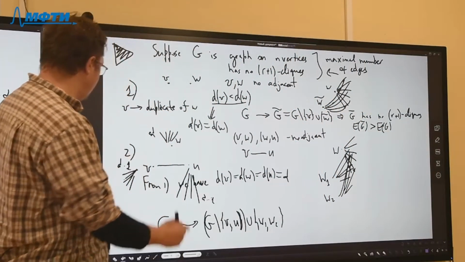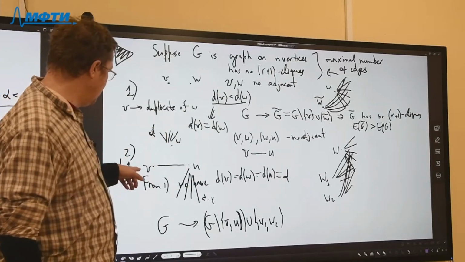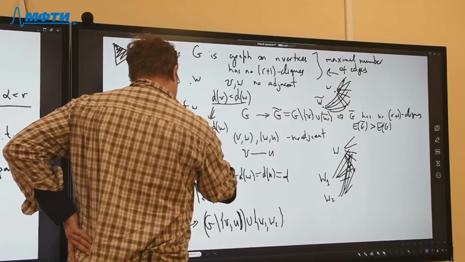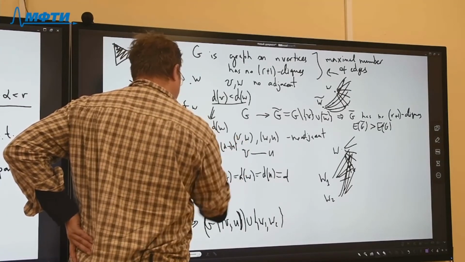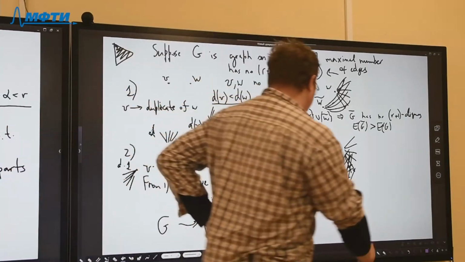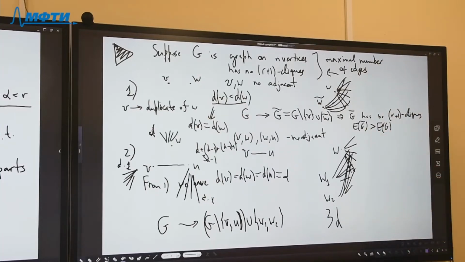So in this picture we had d plus d minus 1 plus d minus 1 plus 1 edges, which is 3d minus 1, and now we have 3d edges. So we again increase the number of edges.